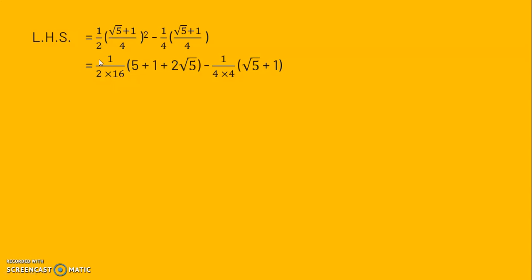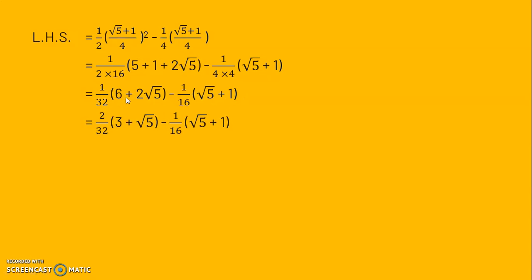We will get 1 by 2 into 4 square, which is 16, into, this is in the (a plus b) the whole square form, so a square is 5 plus b square is 1 plus 2ab is 2 into 1 into root 5, that is 2 root 5, minus 1 by 4 into (root 5 plus 1). So this is 1 by 32 into (6 plus 2 root 5) minus 1 by 16 into (root 5 plus 1).